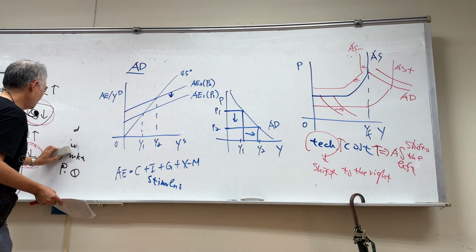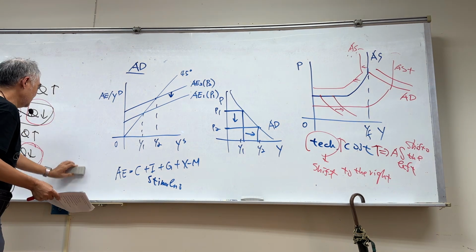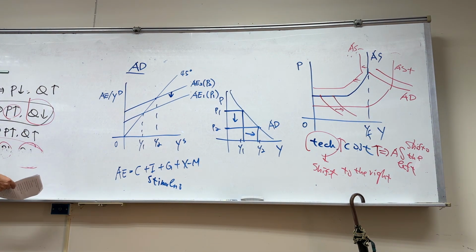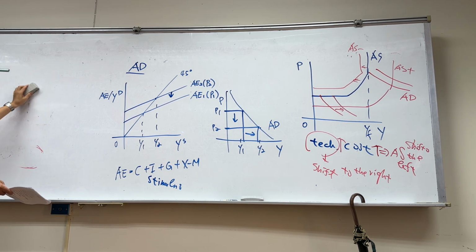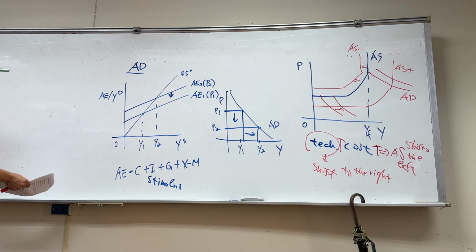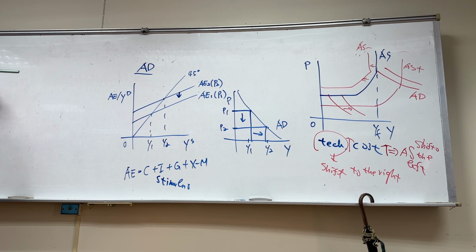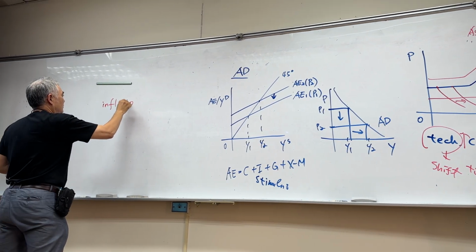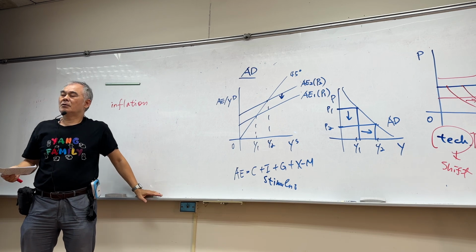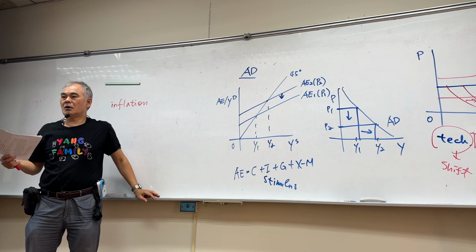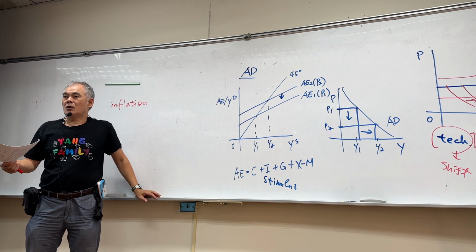So we are going to discuss inflation again. About inflation, it doesn't mean the price of bread goes up, the price of eggs goes up, or the price of, say, sandwiches or cars goes up.